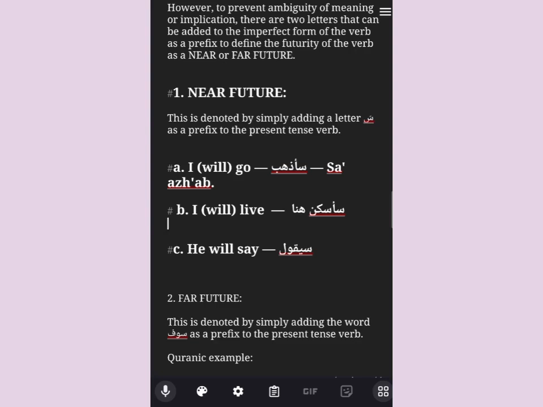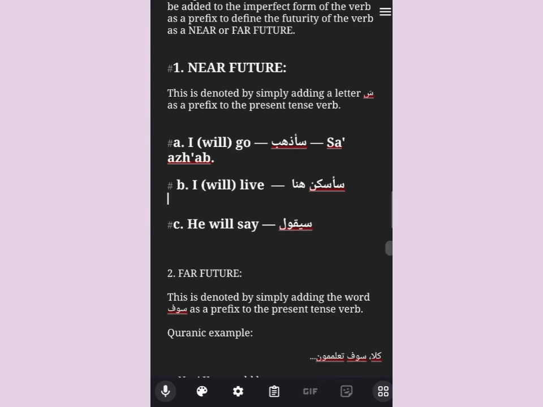It could also mean I will travel, for the future. And it could also mean I'm traveling, a present continuous action. This is also applicable in English, and it's acceptable. If you are an English learner, you'll agree with me.